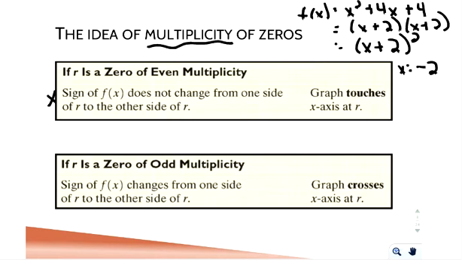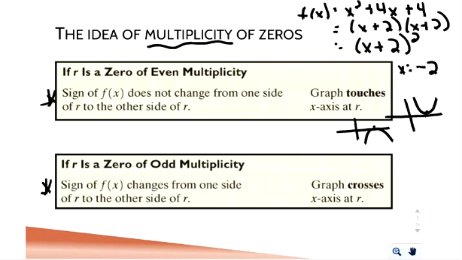For instance here, if I get r as my x-intercept, and I get it twice, then I am guaranteed that the graph will not cross the x-axis at that x-intercept. It's going to bounce. It's going to touch. So it's either going to go like that, or it could come from the bottom and go that way. Okay? But it does not change from one side to the other.